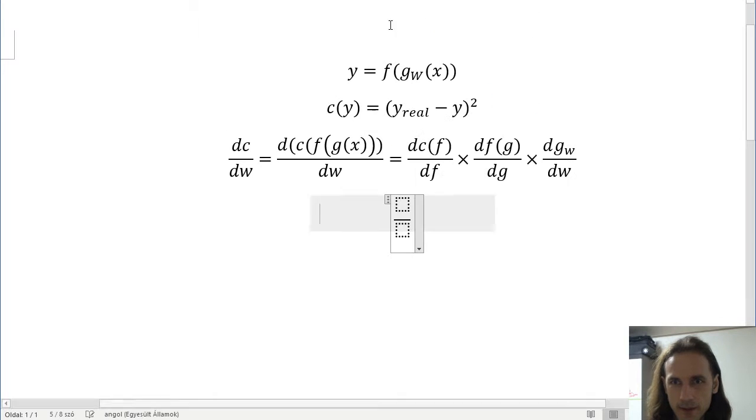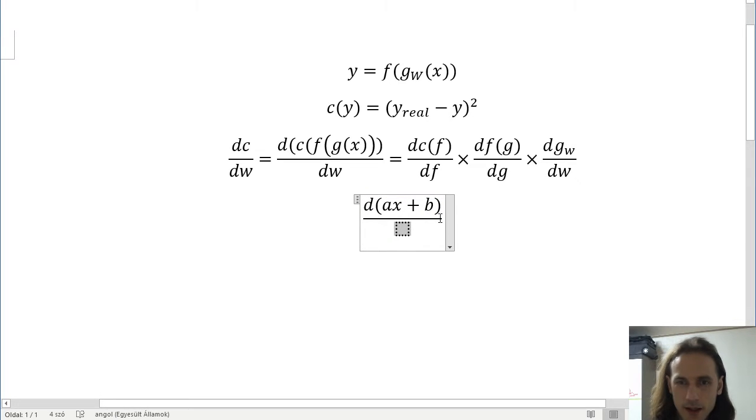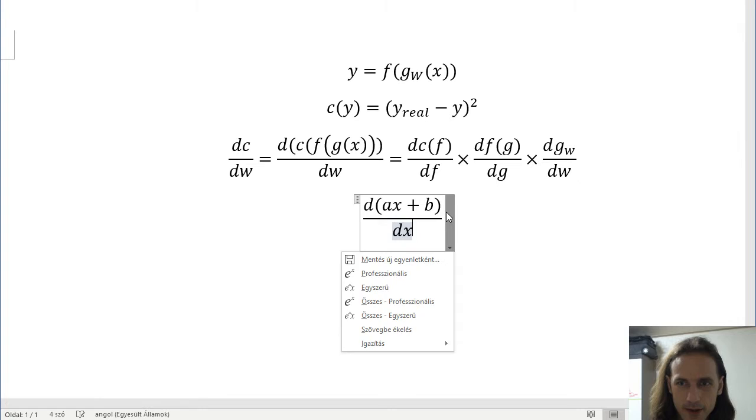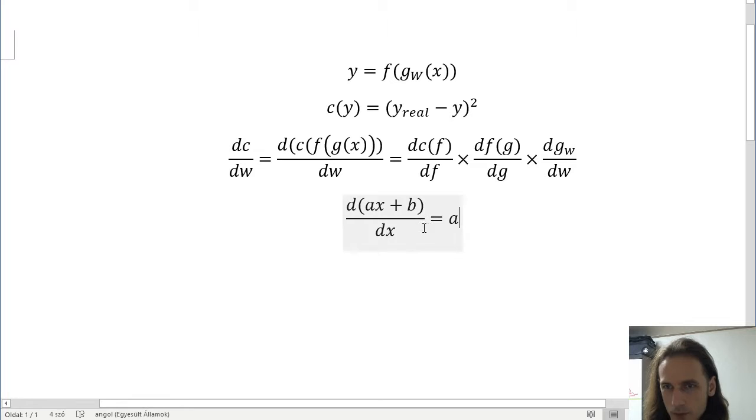And in a linear combination, we have this very nice thing: let's say the derivative of AX plus B over dx is equal to A. Let's be consistent with notations here.